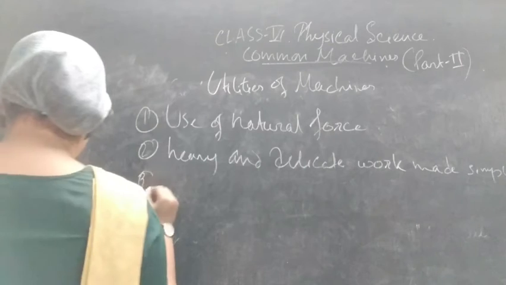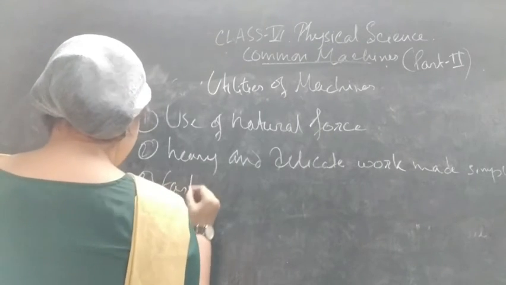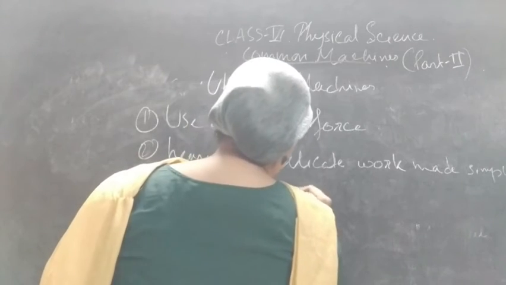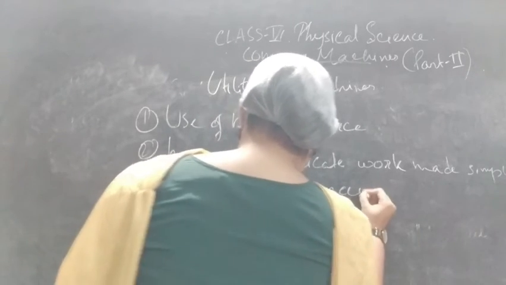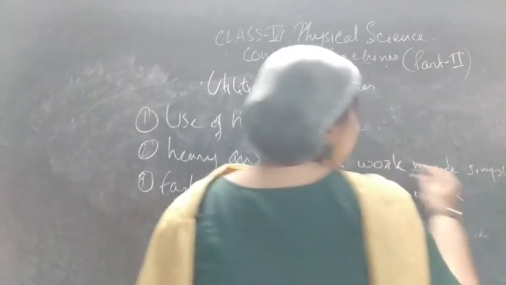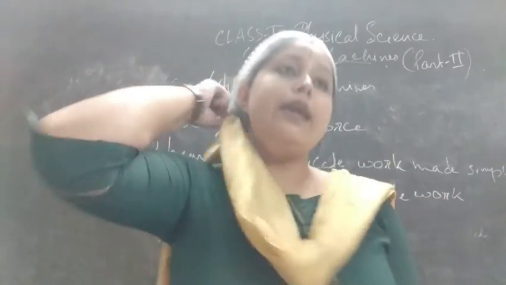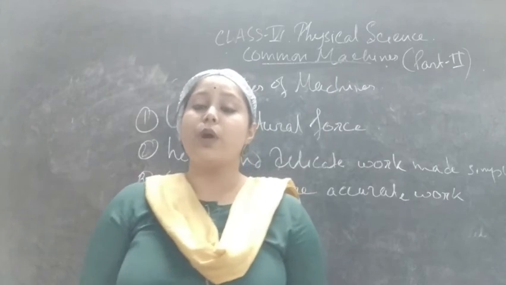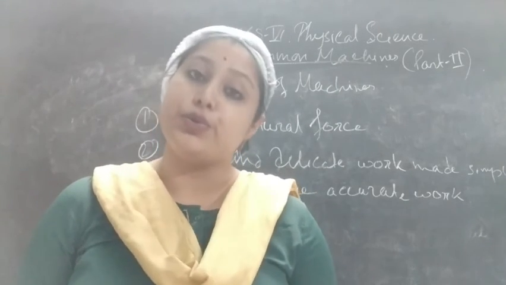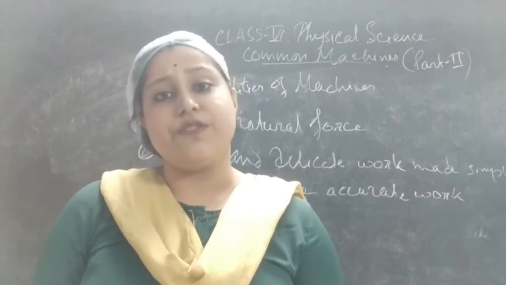The third is faster and more accurate. Like we said, if someone draws one picture and is asked to copy it twice or thrice, it will take a lot of time, right?